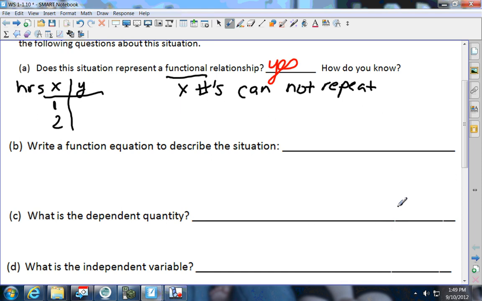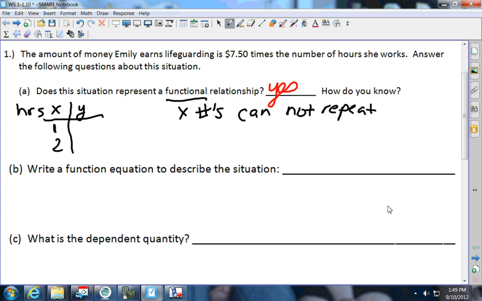So now for writing a functional relationship or a function equation, we have the two things for our variables, x and y. My x is going to be the number of hours, and y is going to be my total pay.